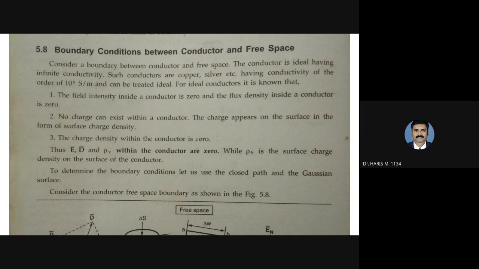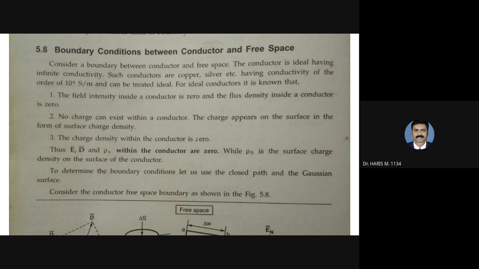And the field inside the conductor is zero, right? As we have seen in one of our earlier lectures. Normally, in the case of conductors, all the electrons will try to be present only at the surface of the material. The flow of electrons on the surface will be very high compared to the field inside.